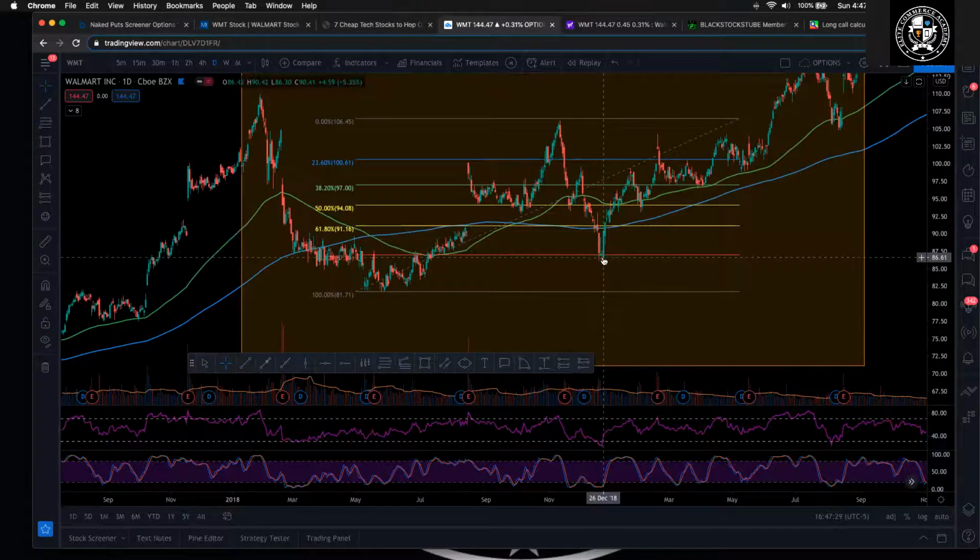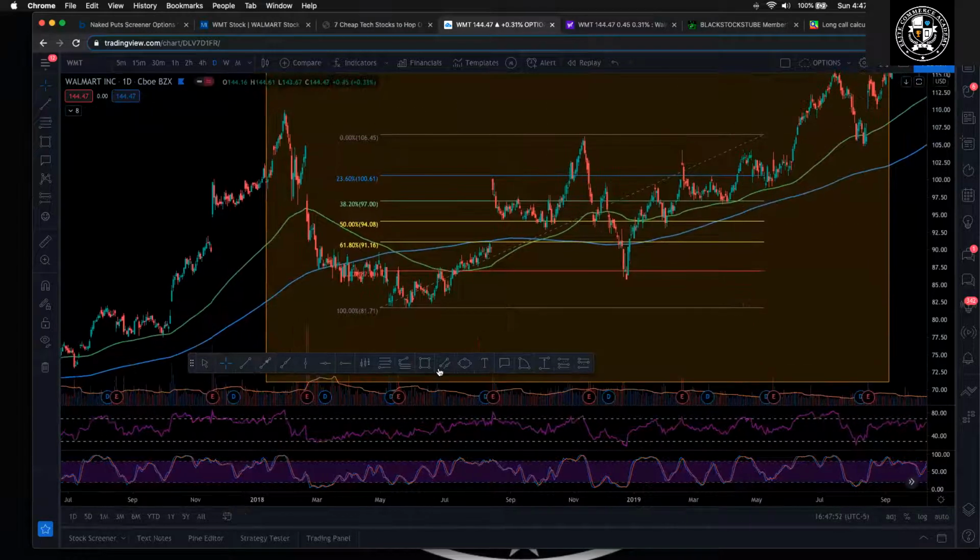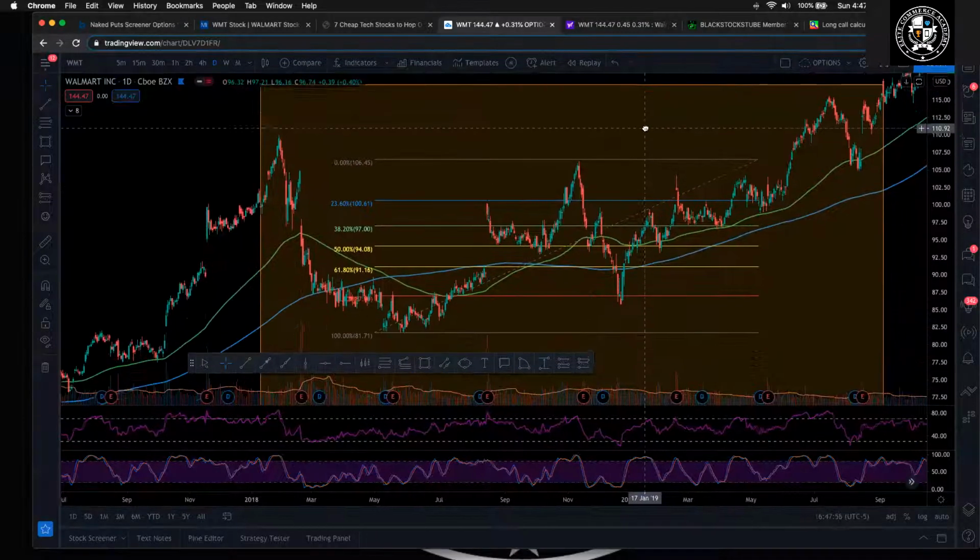Now, if price continues to go up, I'm looking for buy entries. At this point, if I want to go long, I'm not being greedy, I'm going to put my take profit at the 100% level up here. So I'm going to bank on price going back to its previous level and extend beyond that. There's a Fibonacci extension tool on here as well to show you where the extension levels are, but I'm not greedy.